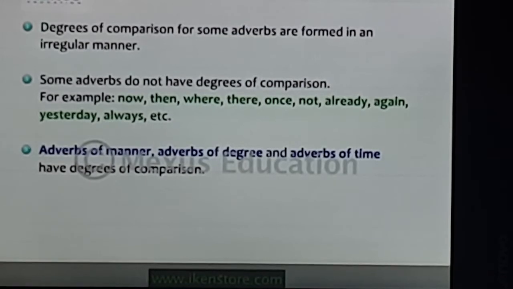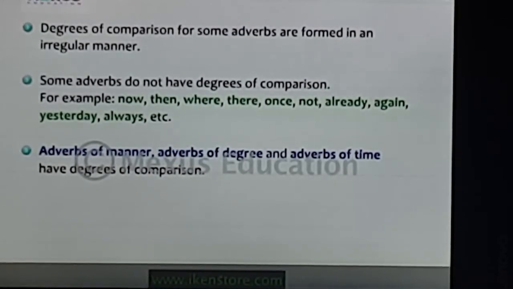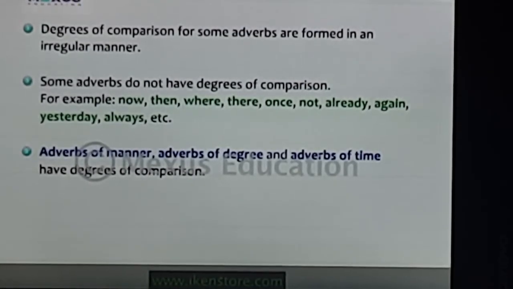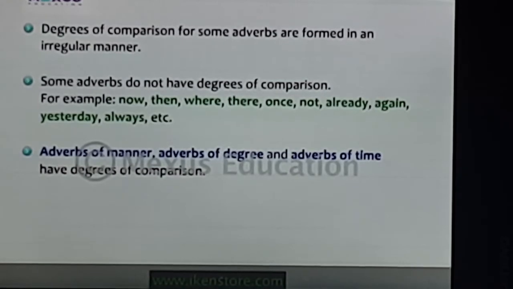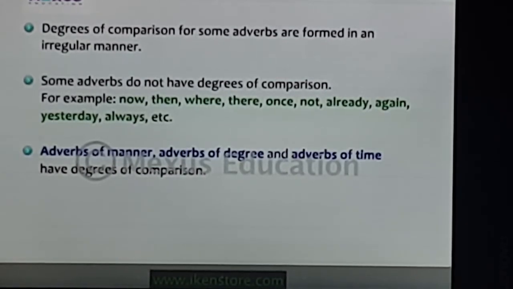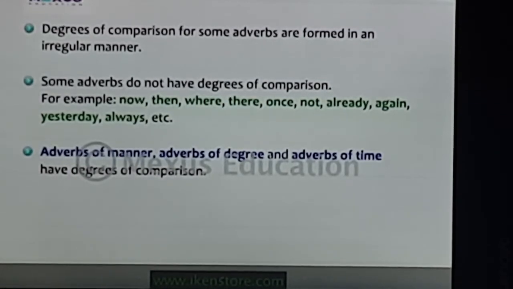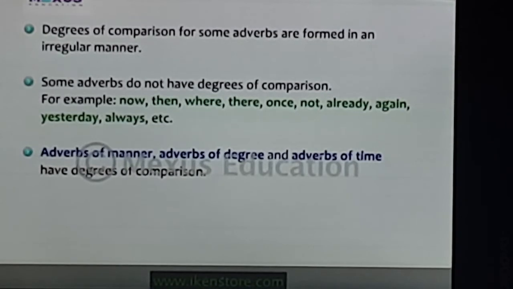Now, degrees of comparison for some adverbs are formed in an irregular manner. Some adverbs do not have degrees of comparison. For example, now, then, where, there, once, not, already, again, yesterday, always, etc. Adverbs of manner, adverbs of degree, and adverbs of time have degrees of comparison.